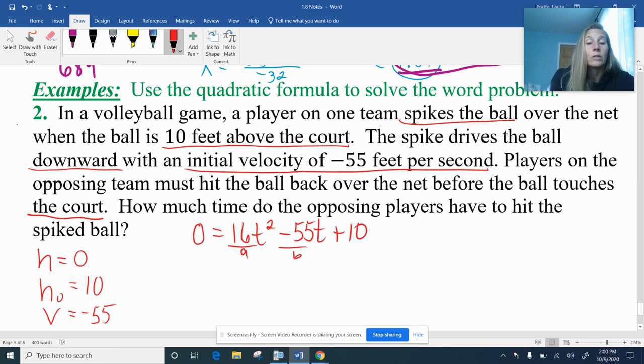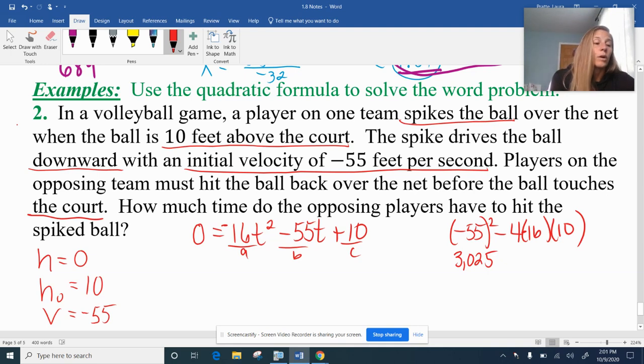And then I'm just going to go ahead and do my quadratic formula with the discriminant. So my discriminant, I have negative 55 squared minus 4 times a times c. Oh, and I think I forgot my negative 16 on there. So negative 55 squared, we're going to use a calculator for that. We get 3,025.